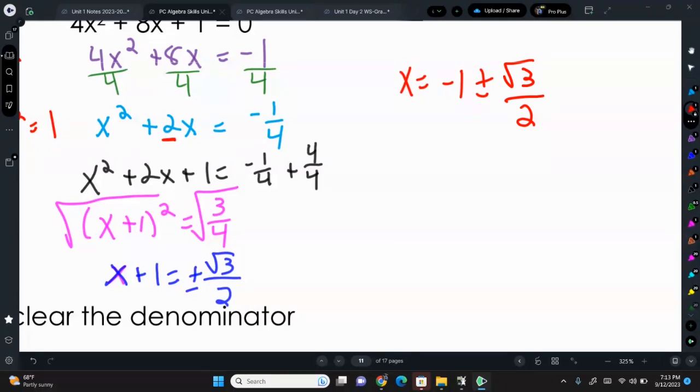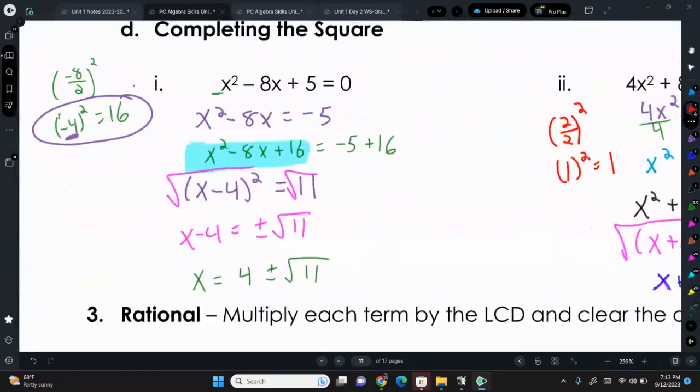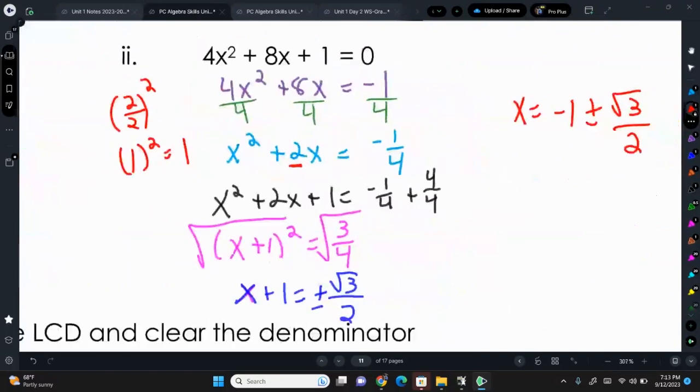So you can see completing the square isn't always the easiest or the most straightforward method. For this one, it wasn't too bad at all just to do completing the square to get our answer. This one, we had to do a little bit of work and had to work with some fractions. So you might have said, let's use the quadratic formula instead.